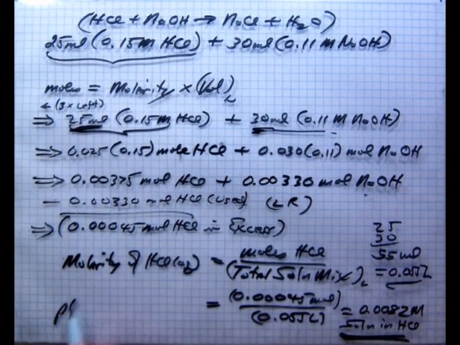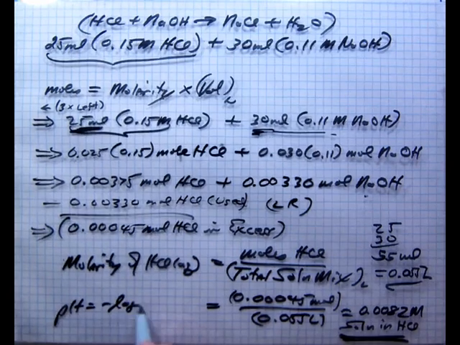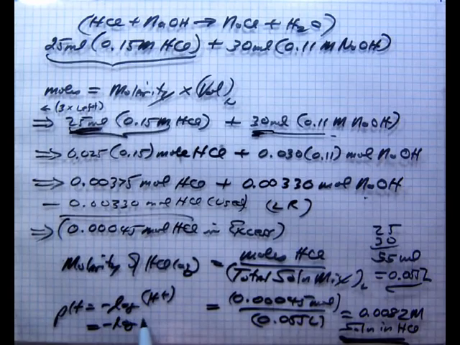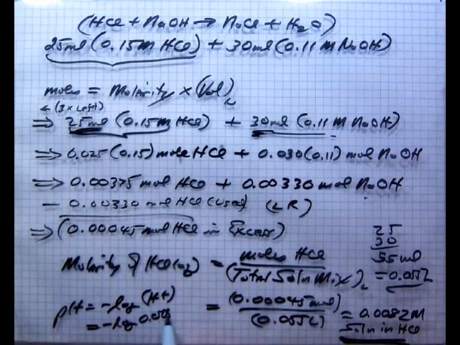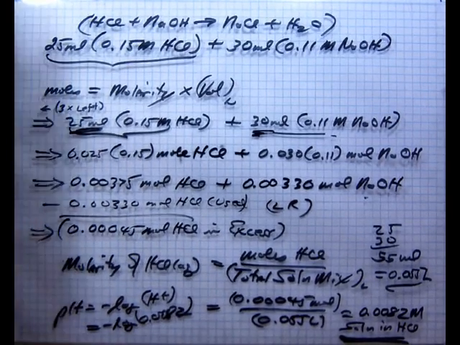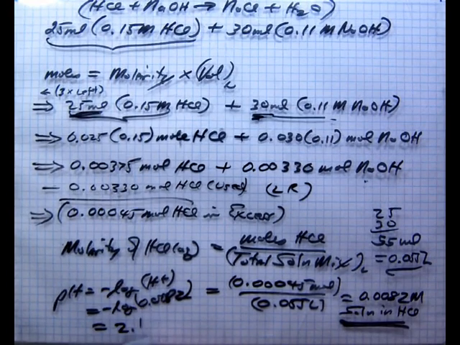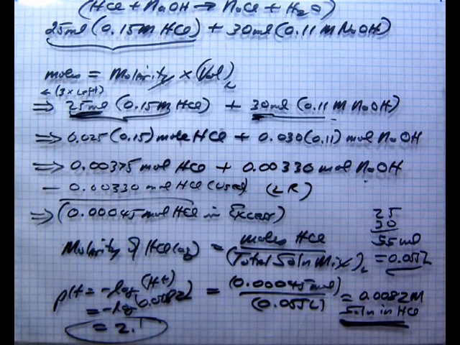And if you want the pH of that excess, it is minus log of the hydronium ion concentration, minus log of 0.0082, right there. And just punch the log button when you get that far, and you have a 2.1 pH on the solution after you mix everything together.